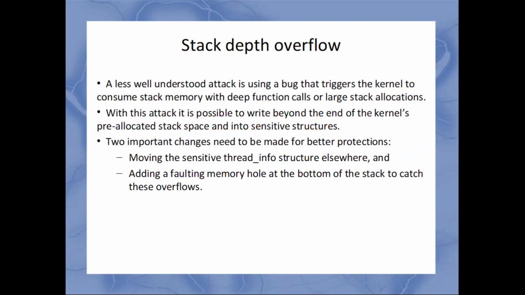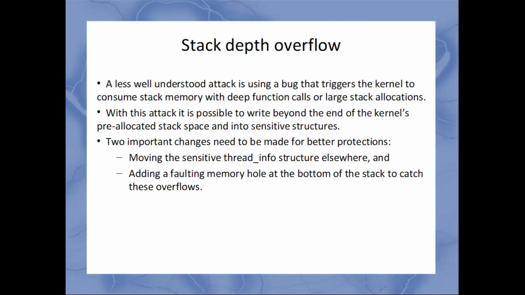Another less understood attack is using a bug that triggers the kernel to consume stack memory with deep function calls or large stack allocations. As we've seen, the kernel stack memory is limited, so allocating a large buffer onto the stack can create security flaws.